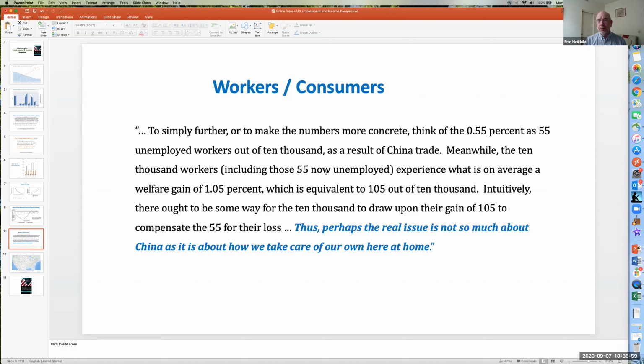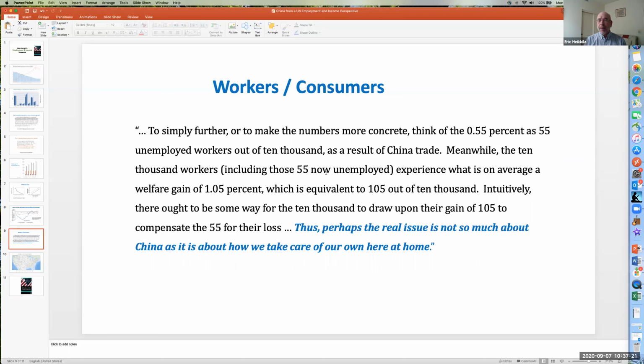So intuitively, one would think that, well, we've got this loss of 55 out of 10,000, and if you're one of those 55, of course, that can be very traumatic. And as we saw earlier, it's not just those 55, it's the communities that they live in as well. So these impacts aren't so isolated.